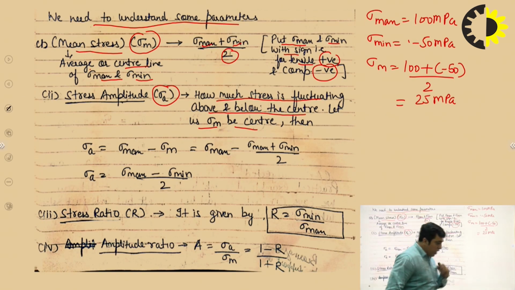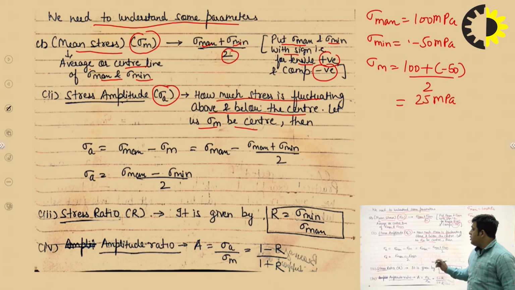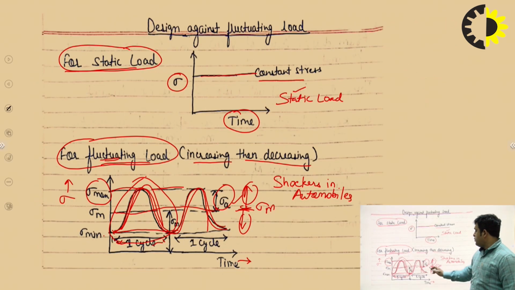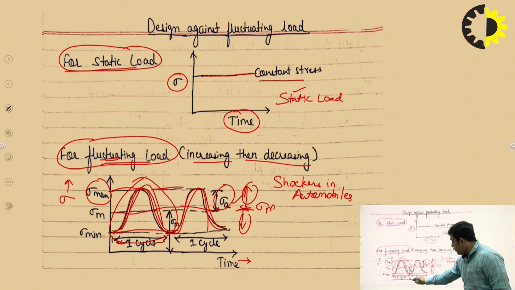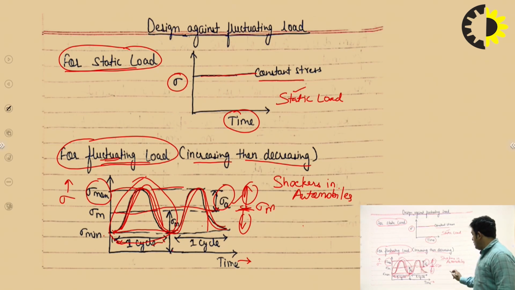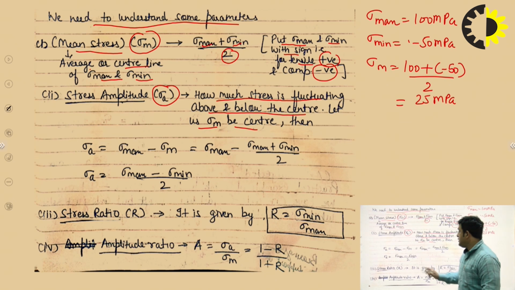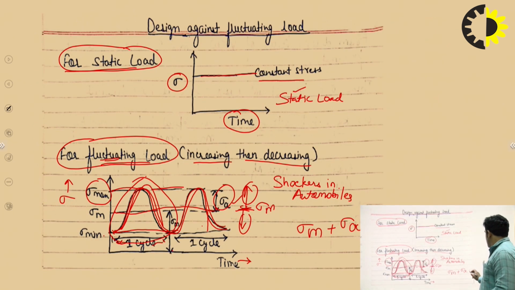If we talk about the amplitude stress, we can easily see from this figure that from this point to this point is sigma m. So you can write sigma m, and if you add sigma a, it can be written as sigma maximum.